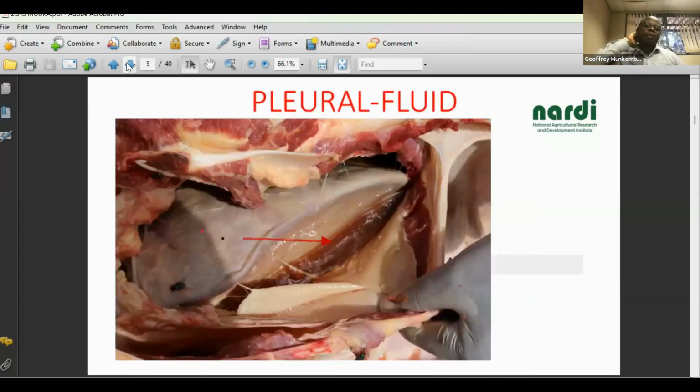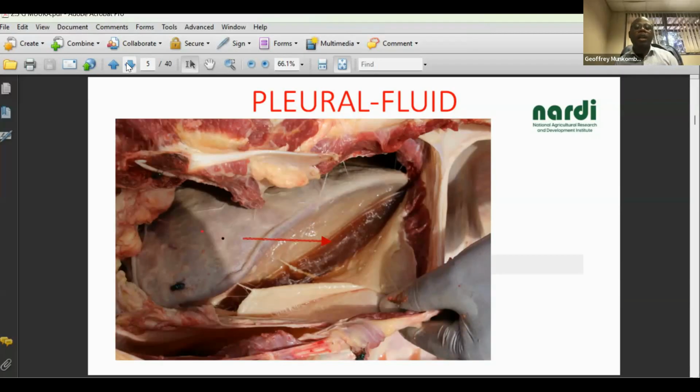Next slide, please. You will find pleural fluid, as Massimo was talking about, that you see later in the actual CBPP presentations. You see the arrow there, that is pleural fluid. This is a typical CBPP case with the pleural fluid, and you can see the uncollapsed lung there in the thoracic cavity. So the type of hydrothorax that you see will also depend on the causative agent.